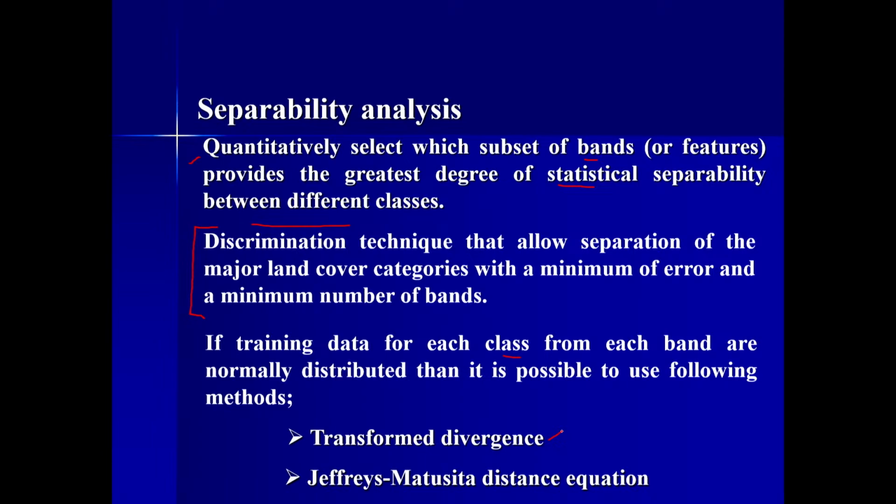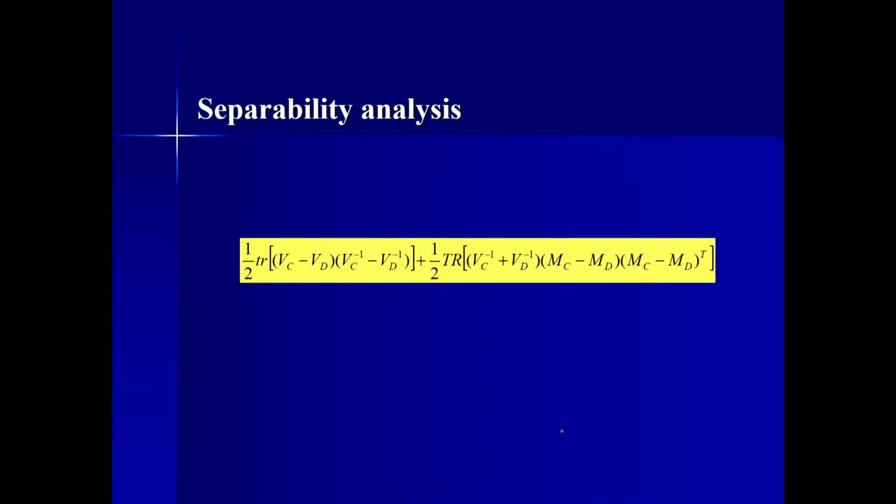One is the graphical method, and the fourth one is the Euclidean distance method. So here you can see an example of the graphical method. Graphically, on the three axes you can plot the band values, one band on each axis, and then you can find out visually which band combination is giving the maximum separation between the classes you are going to map.